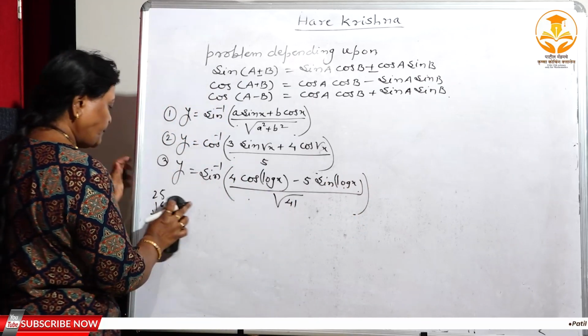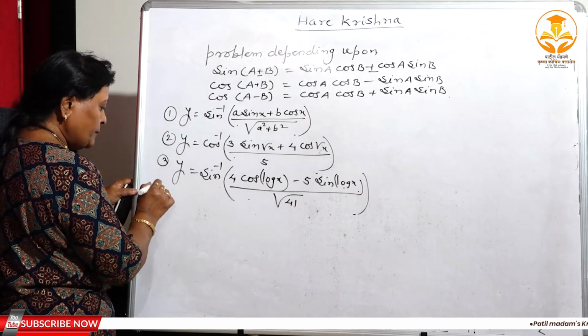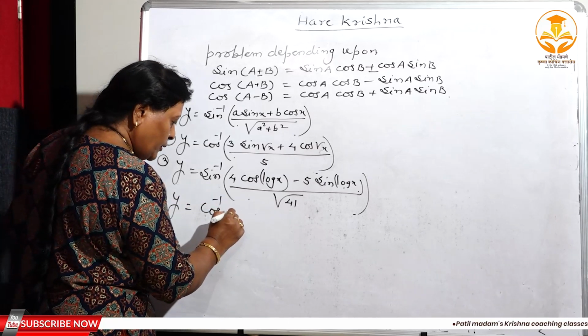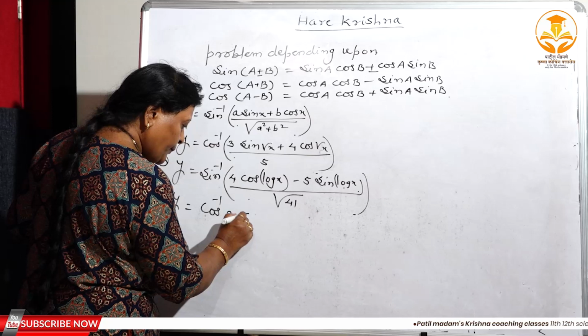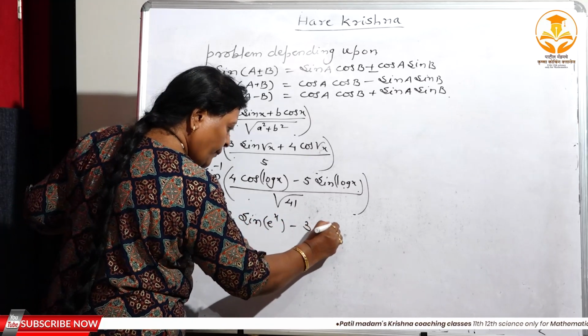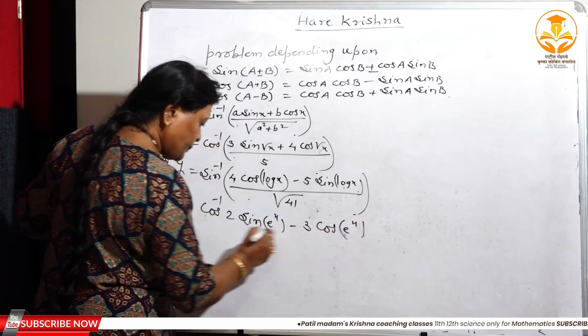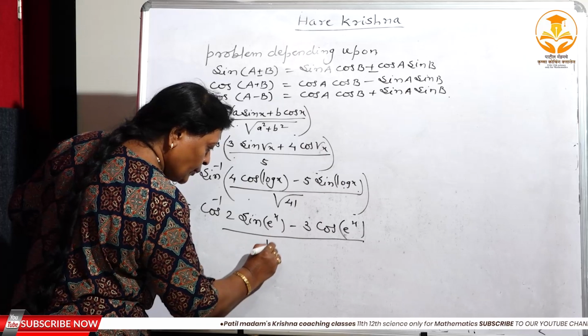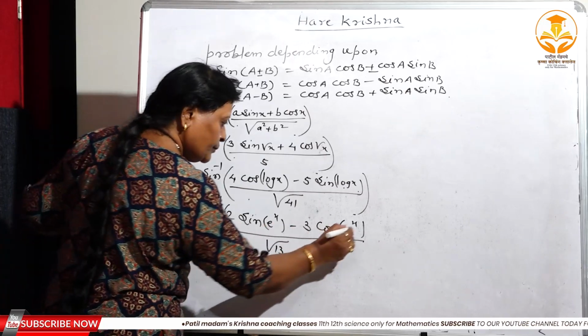Again, fourth one, y is equal to cos inverse of (2 sin e to the power x minus 3 cos e raised to x) divided by, here again, root 13.